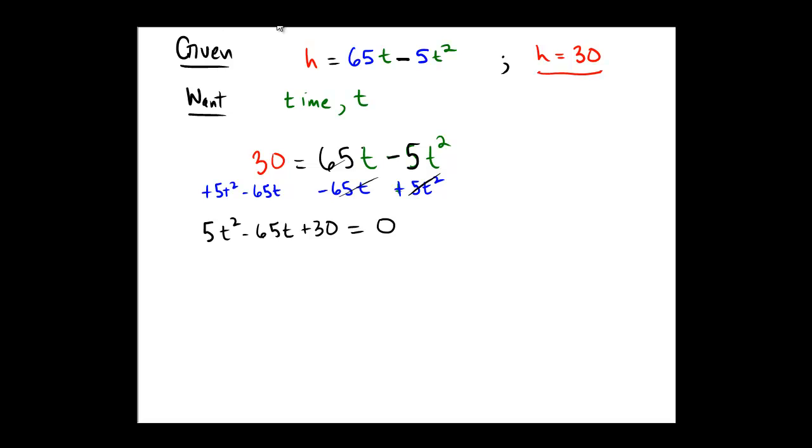So a little technique for dealing with the quadratic formula is to notice that this has a coefficient a, a coefficient b, and a coefficient c that need to be placed into the quadratic formula. So if we isolate those variables, a equals 5, b equals negative 65, and c equals 30.